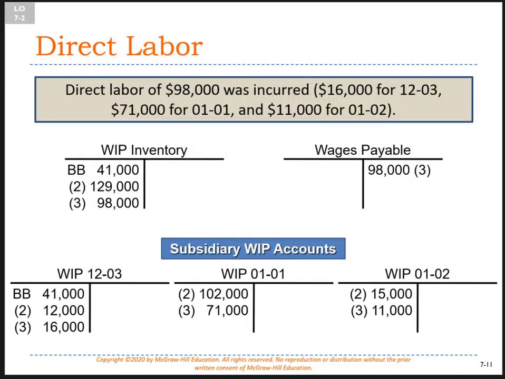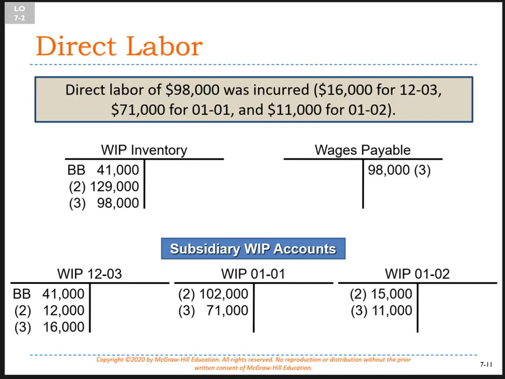Same thing with labor. We got $98,000 that we owe to our employees, wages payable, and we're going to debit work in process for $98,000, but really what we're debiting is work in process 1203 for 16, work in process 0101 for 71, and work in process 0102 for 11.